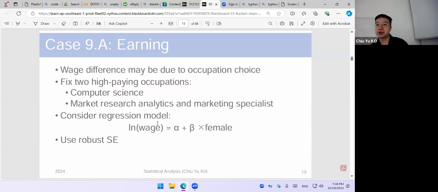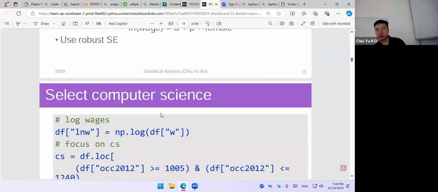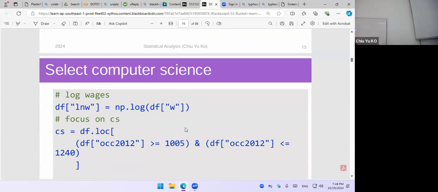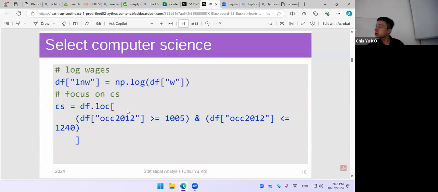Let's run the regression, and we use robust SE. First thing to do is to take a log, because we care about the log. We don't care about wage itself, because we want to look at the percentage change. It's not about the absolute number we care about, but rather the percentage. The next thing is to look at the job.